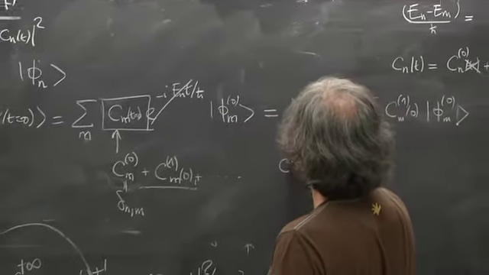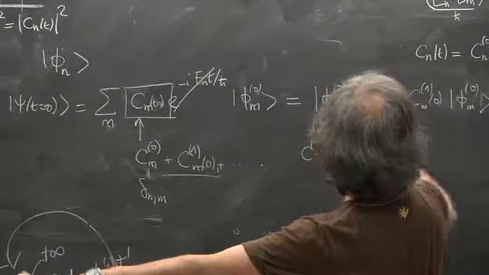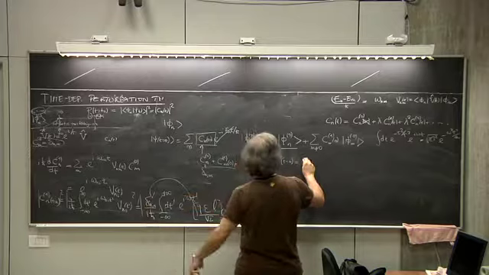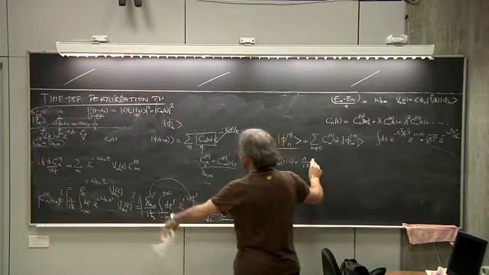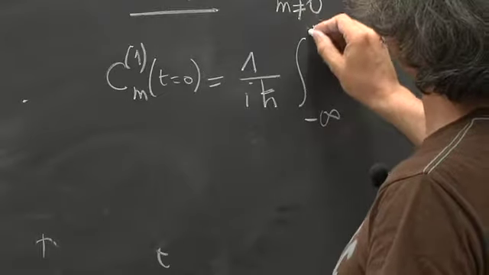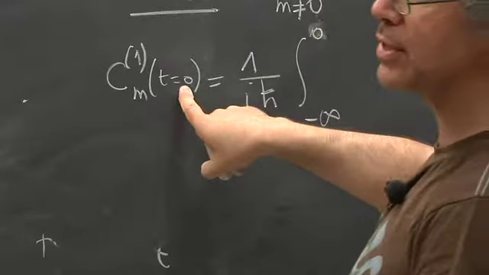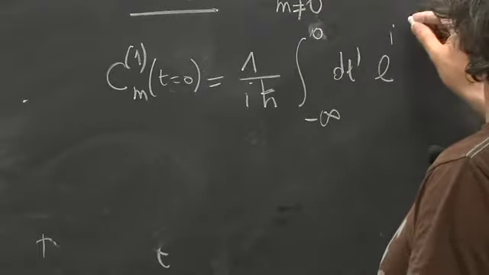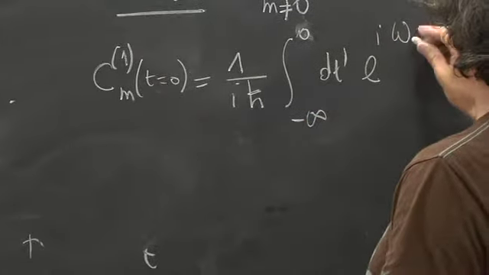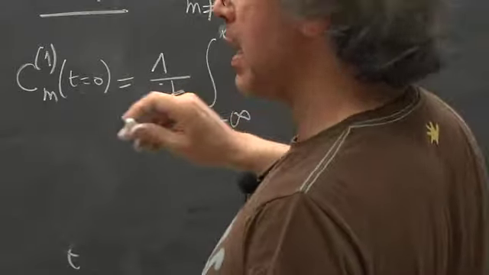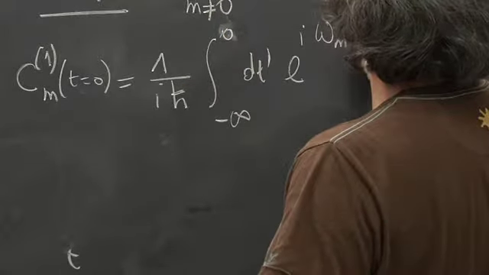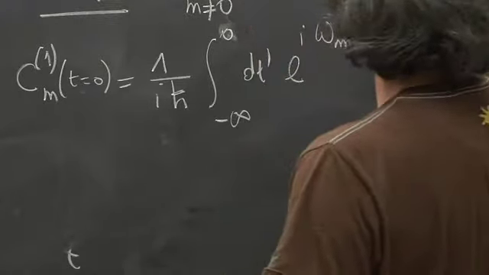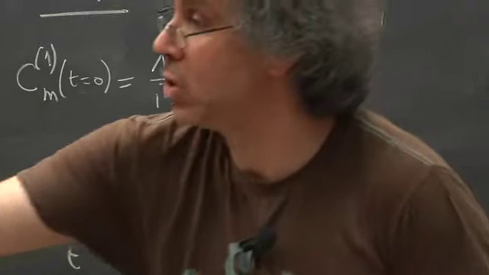So I have that C1, rather than n, I call it m, at time t equals 0, would be equal to 1 over i h bar, the integral from minus infinity to 0, because I want at time 0, in dt prime of e to the i omega, I want to end up in m starting from n, then I have a t prime, and then I have the matrix element of the perturbation.